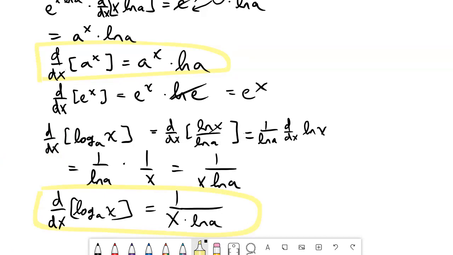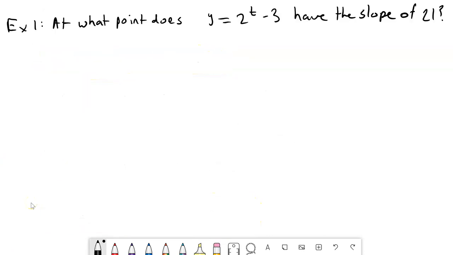So let's begin. Okay, so we're starting off with a very tricky one, meaning that it's not just finding the derivative, it's actually finding where the slope is 21. So at what t value does that happen is what we're basically trying to find out. And remember, slope is tied to the derivative, so we actually want to take the derivative. So y prime is equal to, what's the derivative of 2^t?